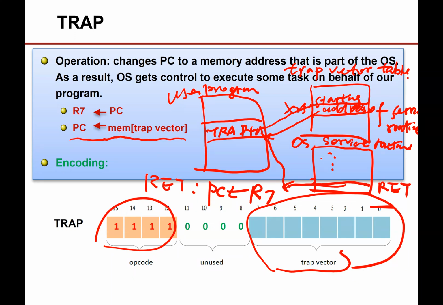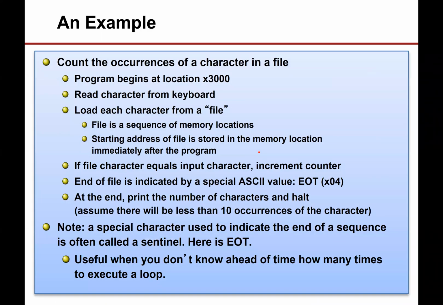Then the operating system will run this service routine to find the answer, and then use the RET instruction to give back control to the user's program, and run the rest of the instructions. So this is trap.